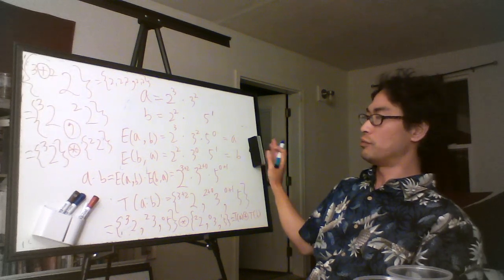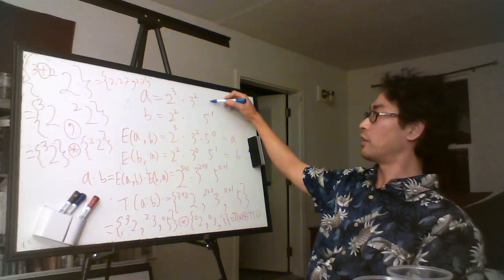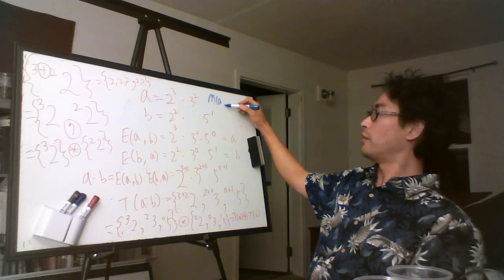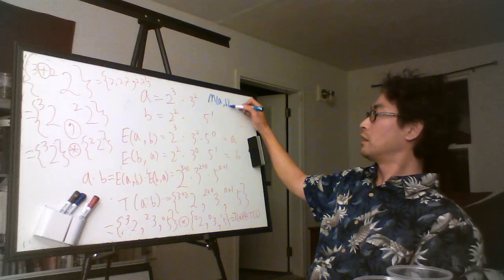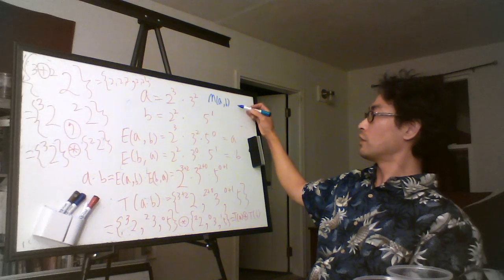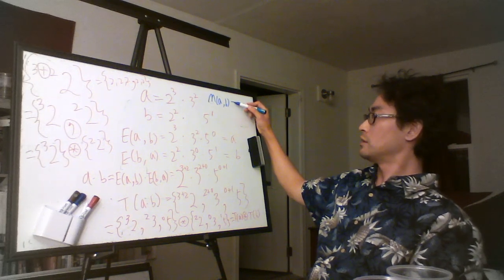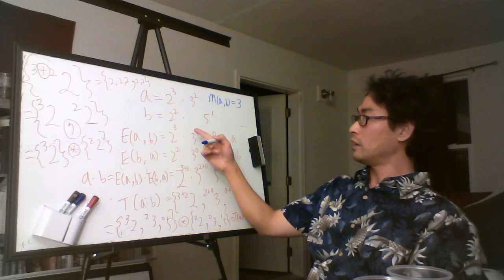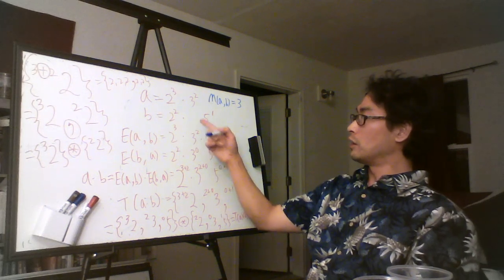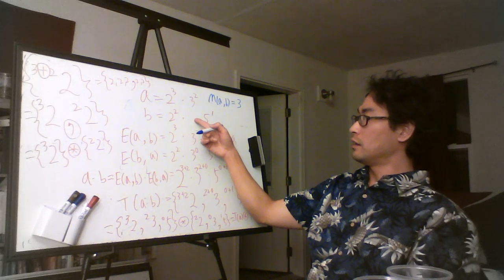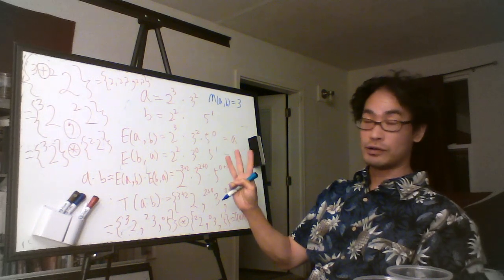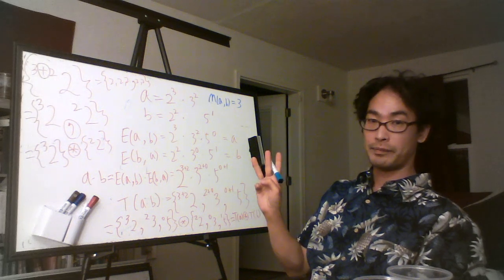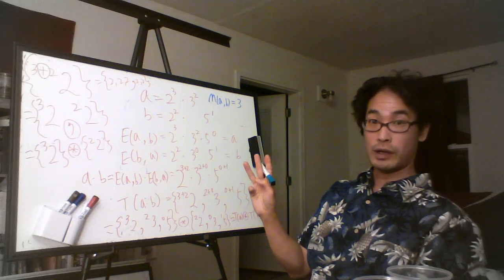How about merging function? It's commutative. Merge of a comma b, merge counting function, is 3. Why? Because if we multiply a and b, now you have 3 prime factors, 2, 3, and 5. There's 3 of them.